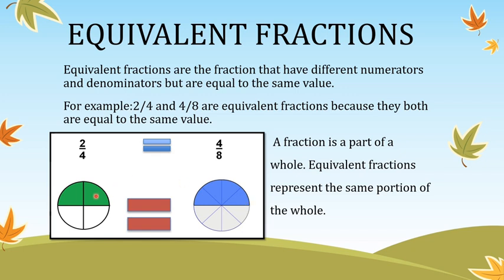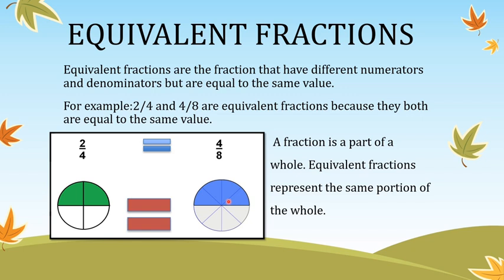Here only 2 out of 4 are shaded, and here 4 out of 8 are shaded, but they are covering the same area. Both have covered half the area of the circle, and so they are equivalent fractions.